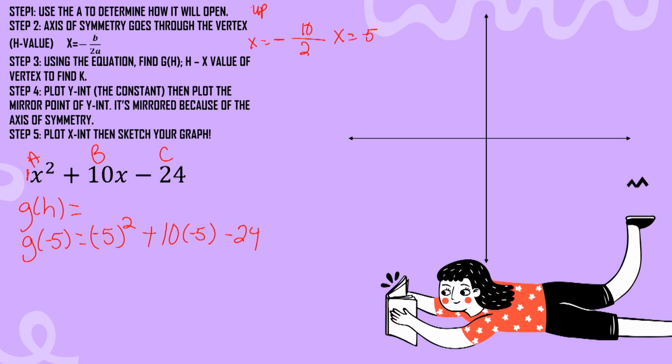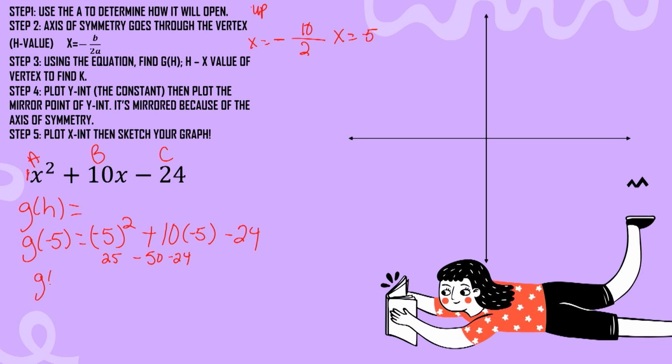Now, that's a calculator skill. I'm going to plug that in my calculator just the way I've written it. Now, what do you get? So what I get is 25 minus 50 minus 24.